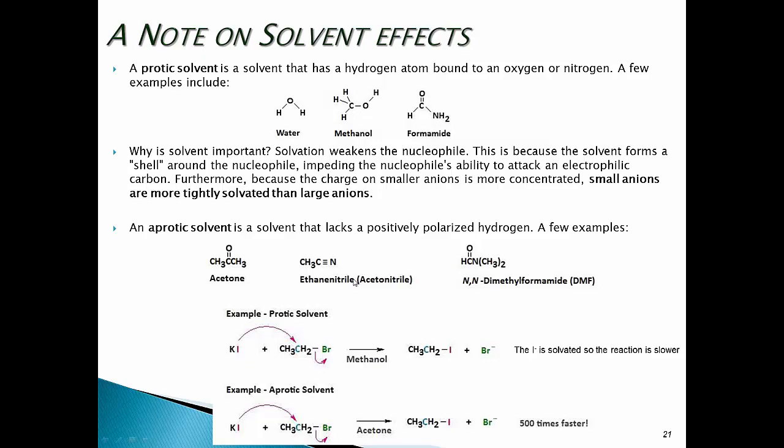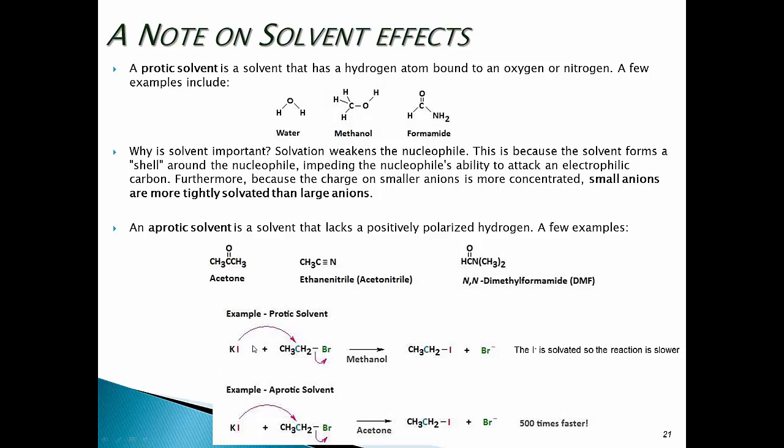So let's have a look at reactions and their different solvent types. We've got an iodine nucleophile coming in and attacking a carbon, and then we're having the bromine leaving. So we've got a substitution, we're swapping the bromine to an iodine. A substitution reaction in methanol, so it's a protic solvent.